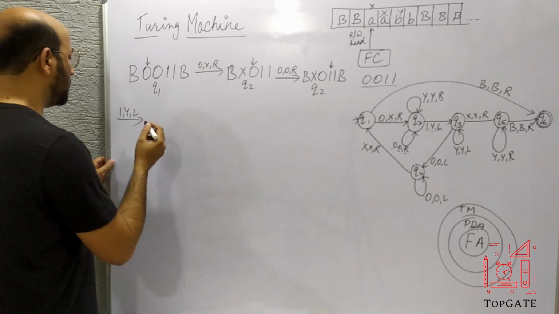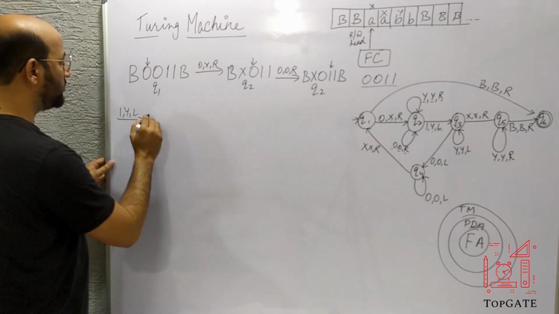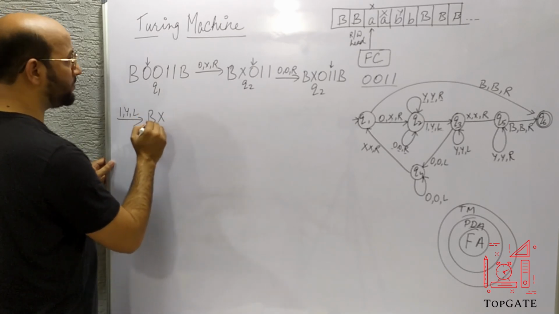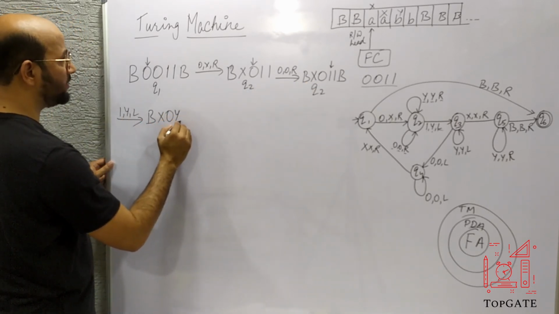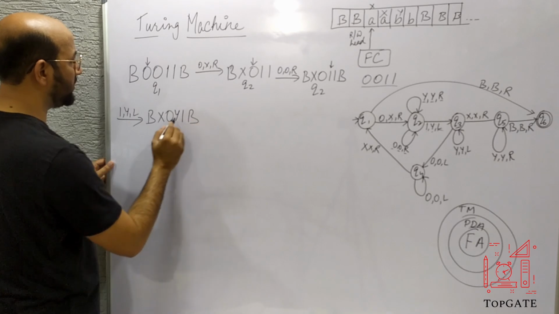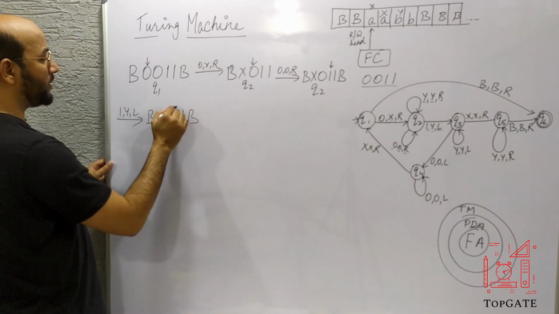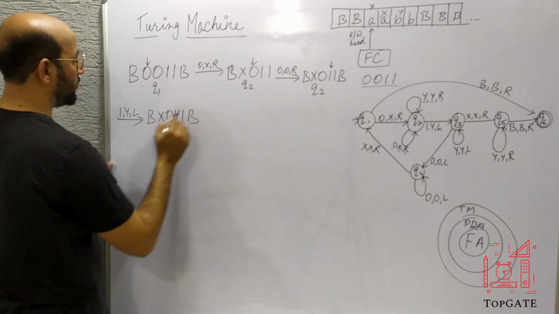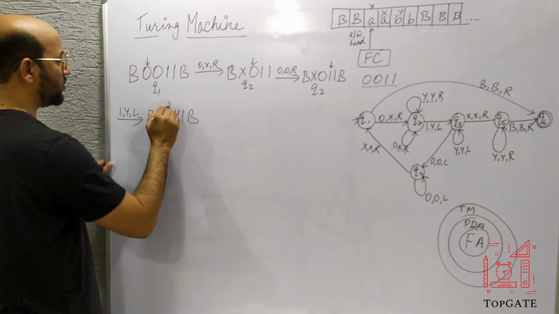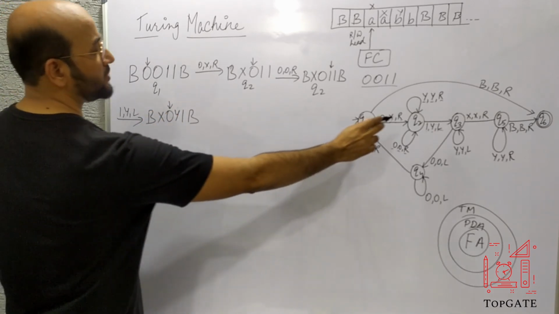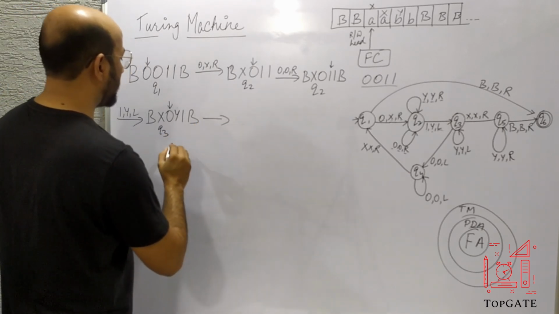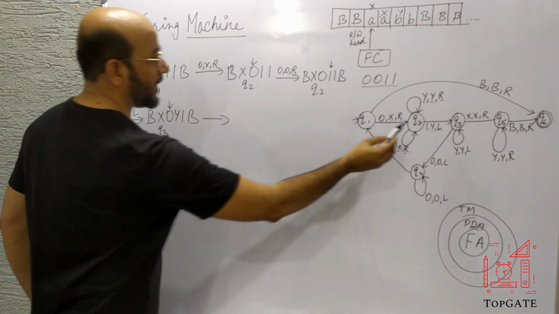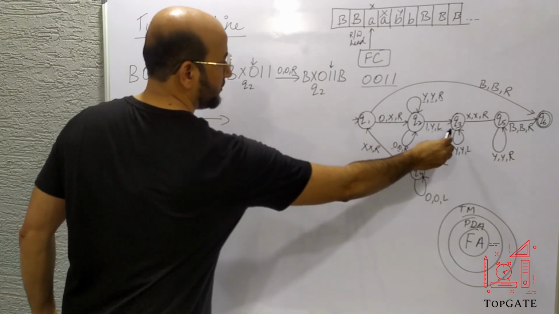So I'll write B here, this will be X, this will be 0, this 1 is changed to Y, and there is 1, there is B, and the read write head was pointing at this 1 earlier, now it will point to the left, onto the 0, and the state we are reaching is Q3.